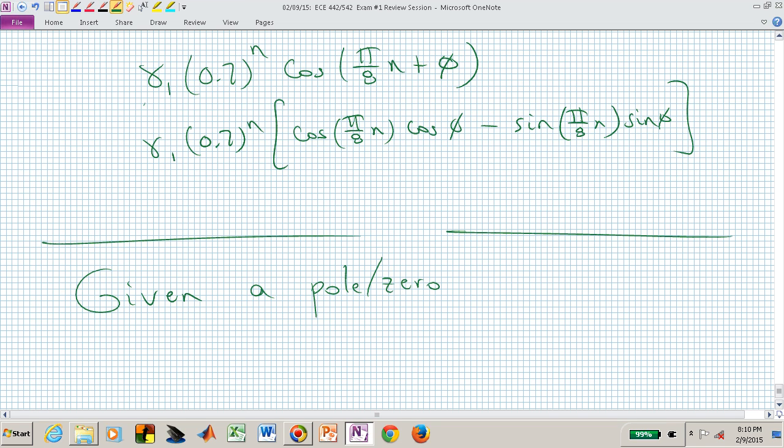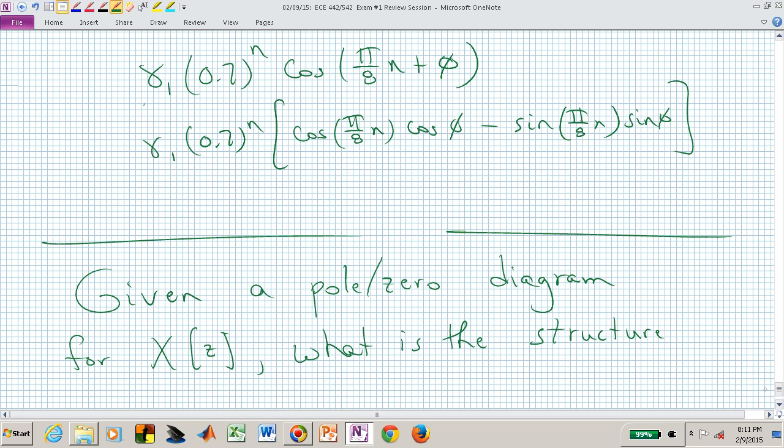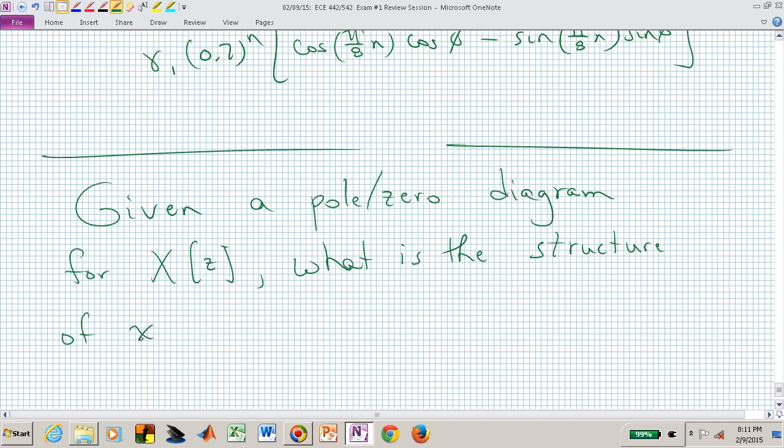What if I gave you a pole zero diagram and I asked you for the structure of the output associated with those poles and zeros? So given a pole zero diagram, let's say for capital X of z, what is the structure of little x of n?